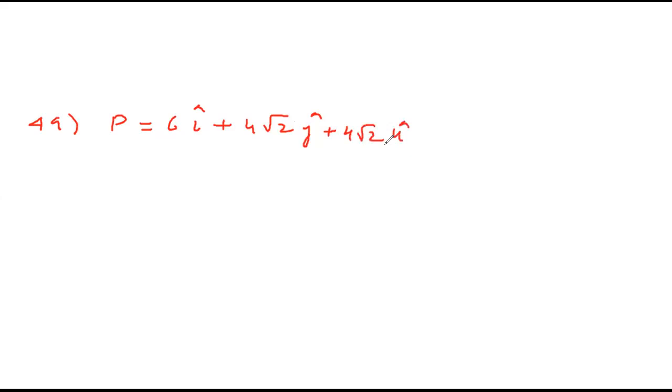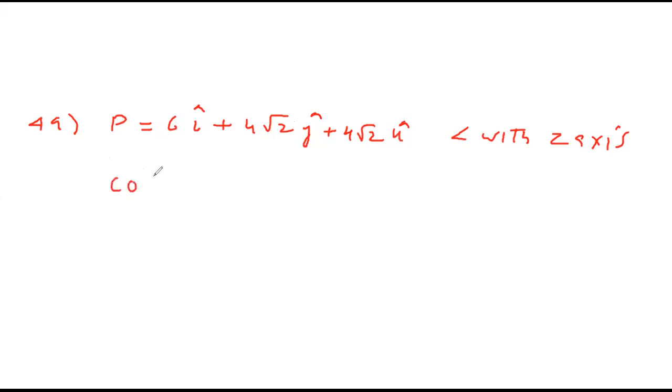makes an angle with the z-axis. Angle with z-axis will be equal to: P bar is 6i plus 4 root 2 j plus 4 root 2 k, angle made with z-axis.